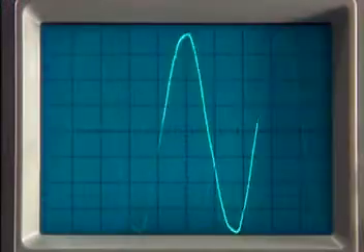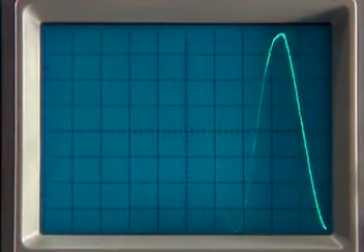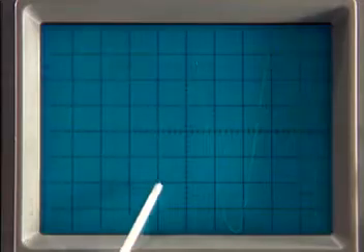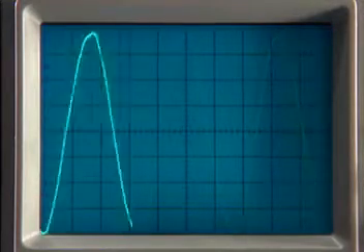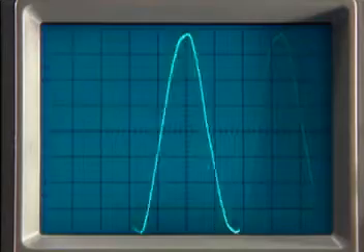Keep in mind that there can be a positive peak voltage as well as a negative peak voltage. In this example, the peak-to-peak voltage is equal to 6 full divisions and 8 minor divisions. With each full division representing a value of 5 volts, this makes a total of 38 volts peak-to-peak. Notice that this is twice the peak voltage.